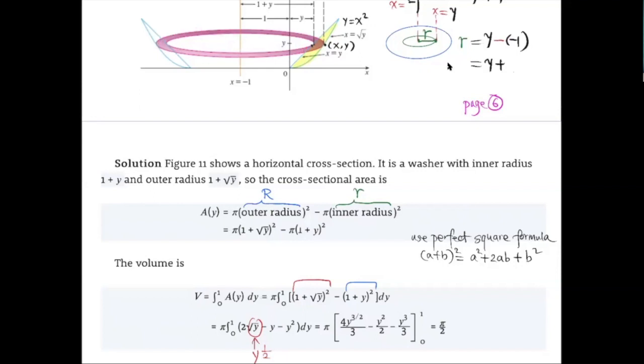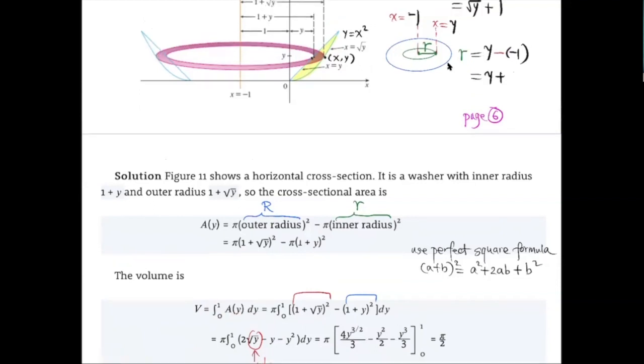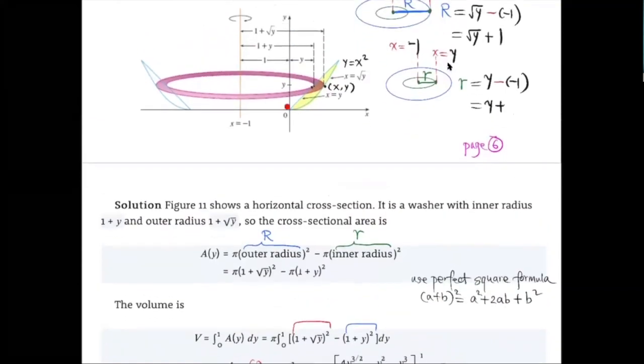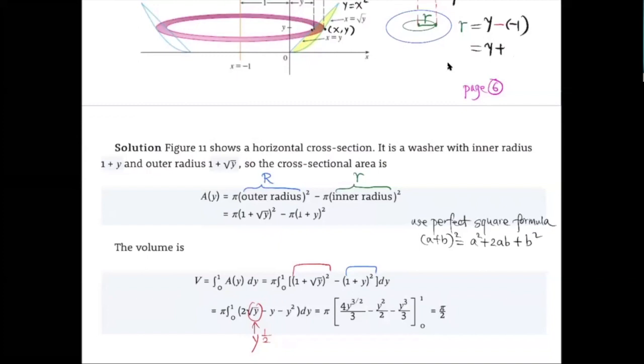Y goes from 0 to 1, because for the bottom slice y will be 0, and for the one at the top, y will be equal to 1. So y goes from 0 to 1. Now, integrating this with respect to y from 0 to 1.